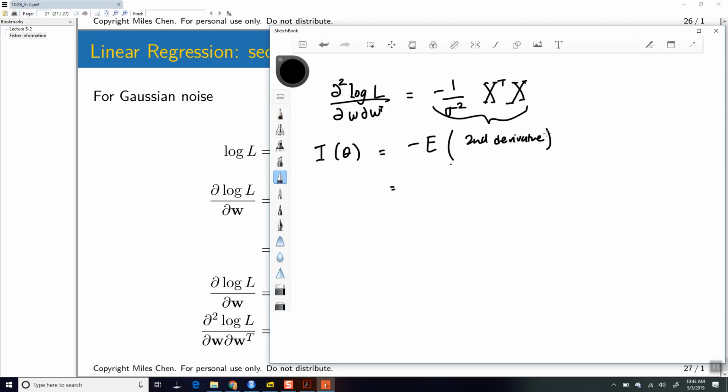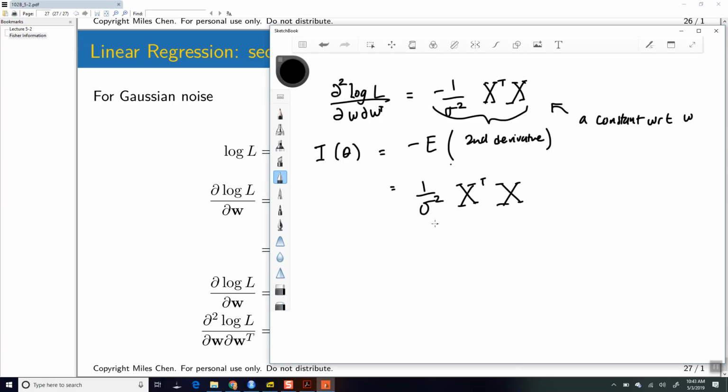This is a constant with respect to w, so our negative expectation just ends up being 1 over sigma squared x transpose x.